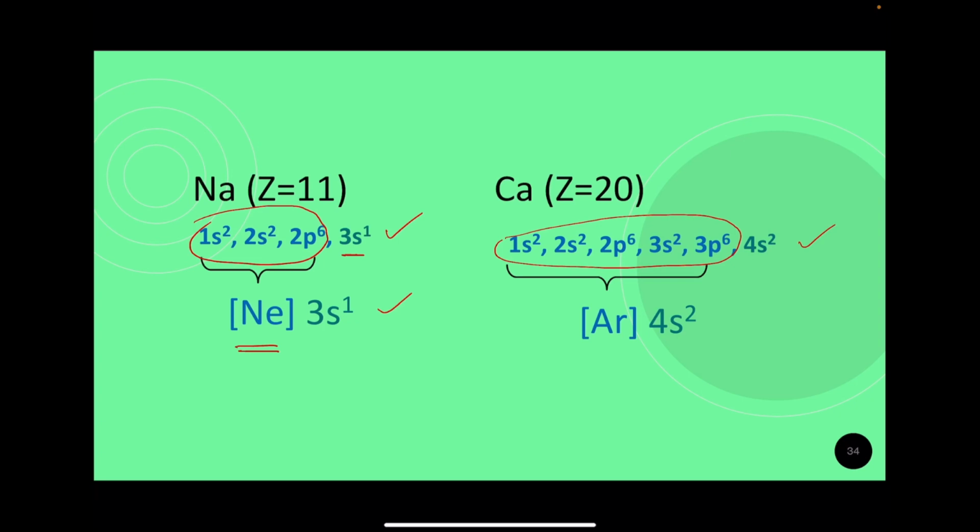So from this normal electron configuration, you can rewrite or simplify it using the condensed electron configuration like this: argon 4s2. It includes the electron configuration for argon, and then this is the remaining notation for the electronic configuration. So you need to remember the electron configuration for the noble gases if you want to use this type of method to write down the electron configuration.